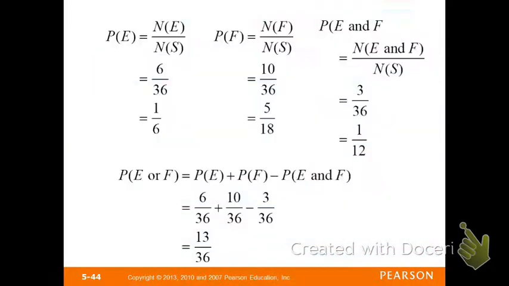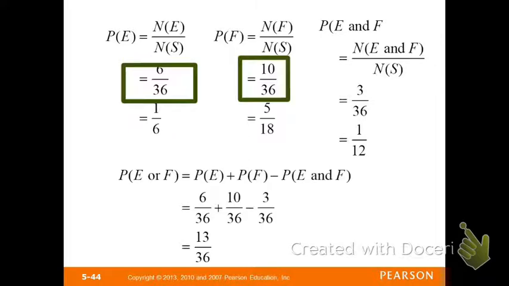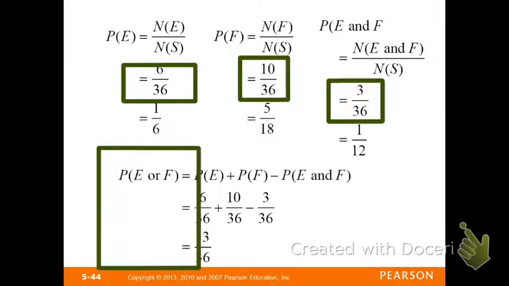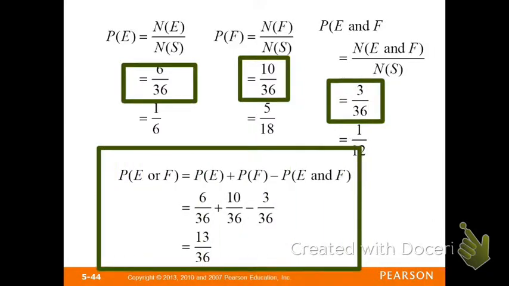So we're going to have the probability of E is 6 out of 36. We just counted those. The probability of F is 10 out of 36. The probability of the intersection of E and F is 3 out of 36. And so if we just follow our formula here, you get 6 out of 36 plus 10 out of 36 minus 3 out of 36, which is 13 out of 36.